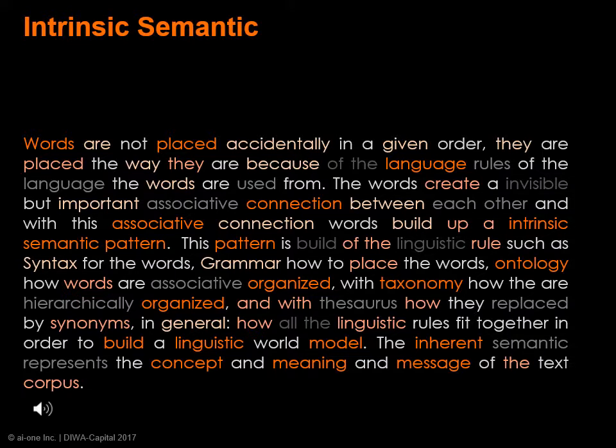To visualize, we can show the relationships by colors, for example, in this text. And we will recognize that some words are more important and others are less important. Together, the whole paragraph will form the message. We can call it intrinsic semantic. So that's the given generic semantic based on the words used in this text corpus.